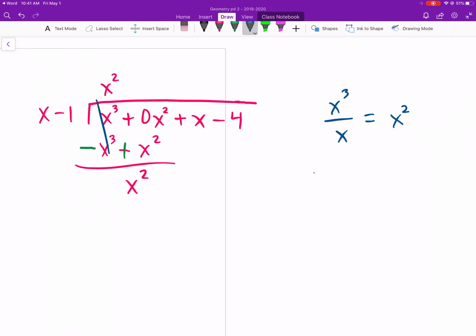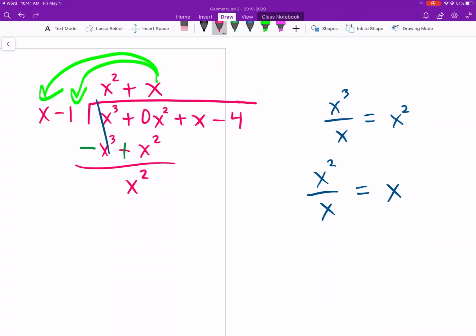Whatever you get, that's now serving as what you divide with. So x squared now divided by the first term of x again. X squared divided by x is x. Throw that value up top. Multiply by everything. So x times x is x squared. X times negative 1 is negative x.